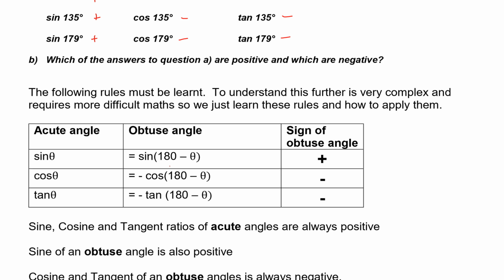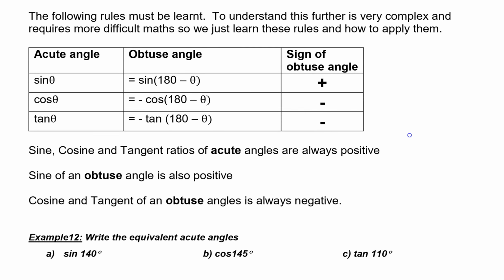So the sine of the angle is equal to the sine of the supplement. The cos of the angle is the negative cos of the supplement. And the tan of the angle is equal to the negative tan of the supplement. So we find the supplement if we have to calculate some values.